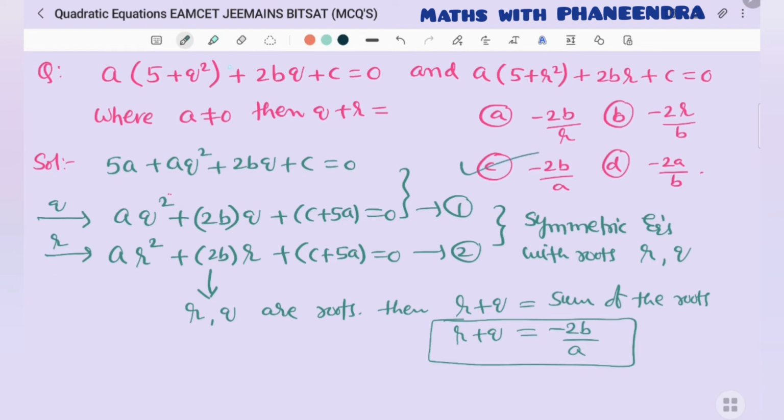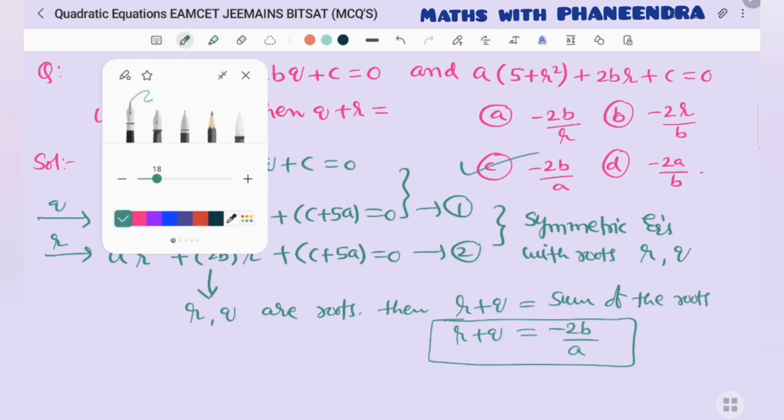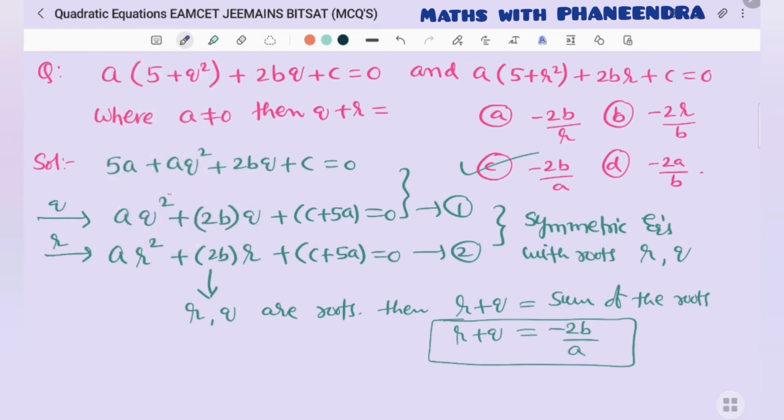Dear students, you remember this is a very important thing. Symmetric equations with roots r q. What is the meaning of symmetric equations with roots r q? It means the first equation is a quadratic in terms of q, the second equation is a quadratic in terms of r, and all the terms are the same.